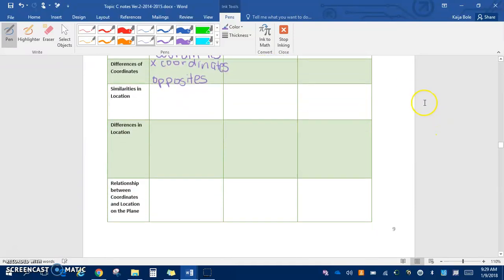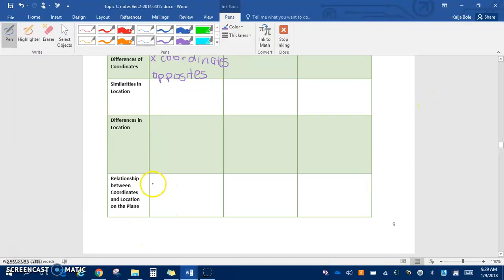So that's what you're going to put in the box down here: reflected over the y-axis.